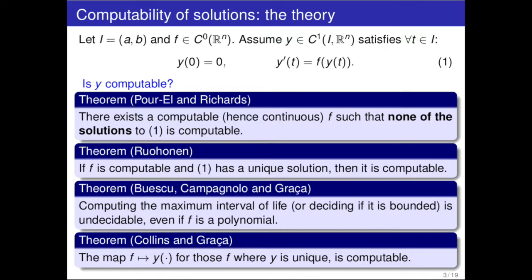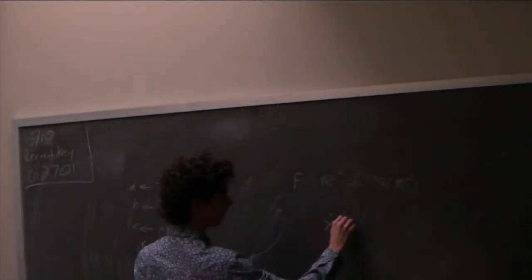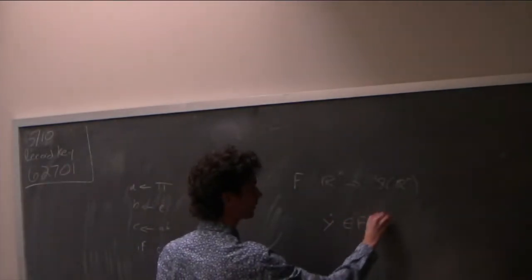And then it also works for differential inclusions, if you really want to know. So you have f, which maps points to a set of points, and you assume y prime belongs to f of y. This is a differential inclusion.